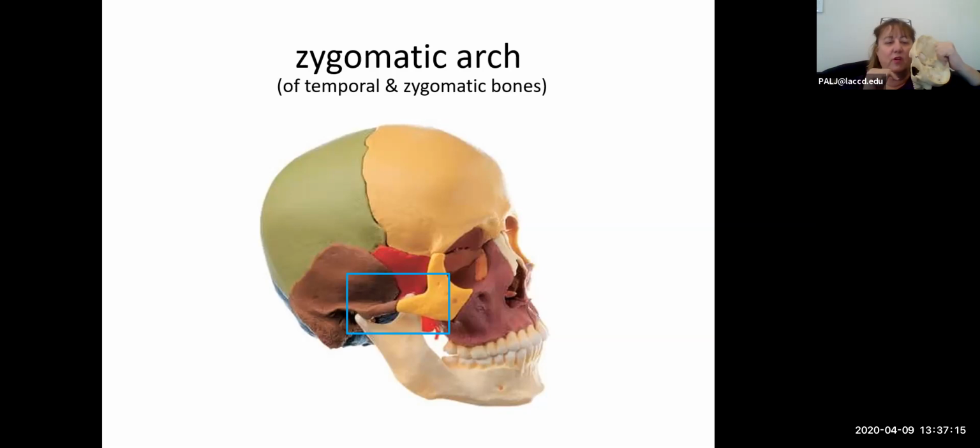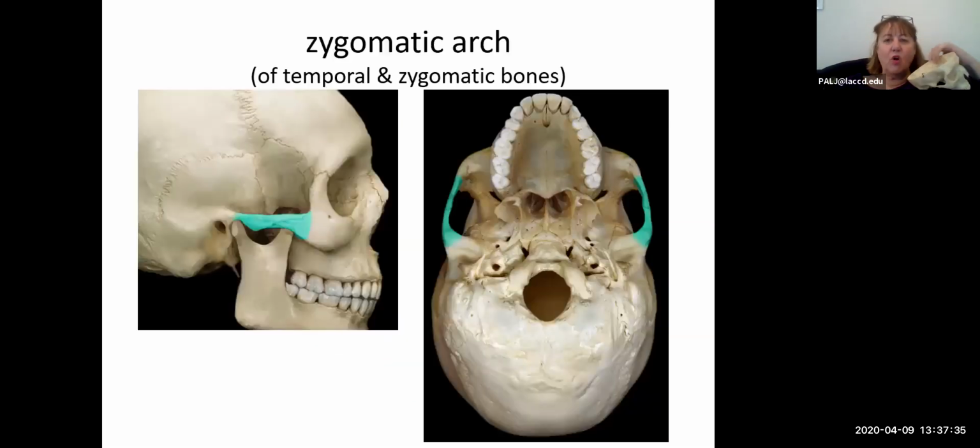So in other words, it's made of the temporal bone's zygomatic process and the zygomatic bone's temporal process. Okay, so if you need to replay that to get it, go right ahead. Okay, so those are more views highlighting just the zygomatic arch. And if you get asked to name the bones, it's the temporal and zygomatic bones.